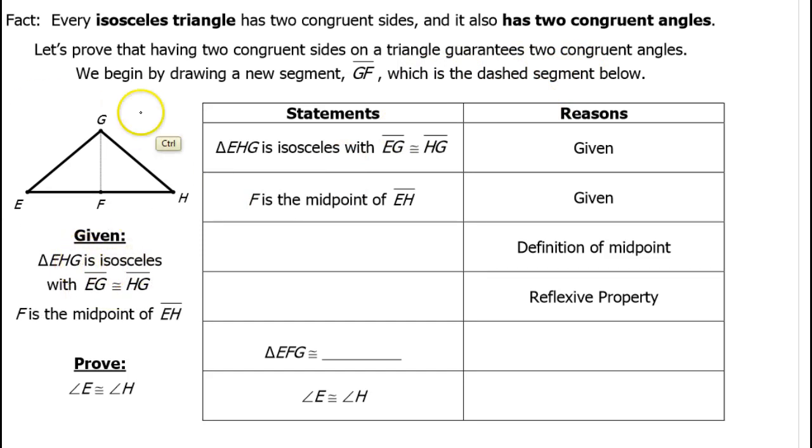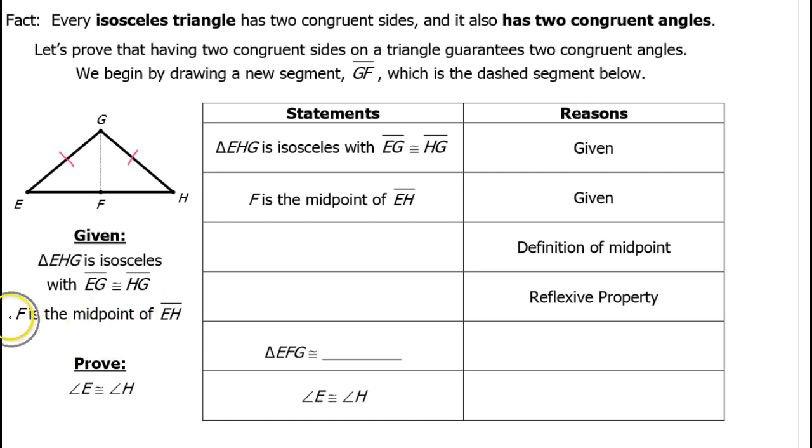So we're given that the whole triangle is isosceles with EG congruent to HG. All right, so we're given that this is congruent to this. We are given that F is the midpoint of EH.